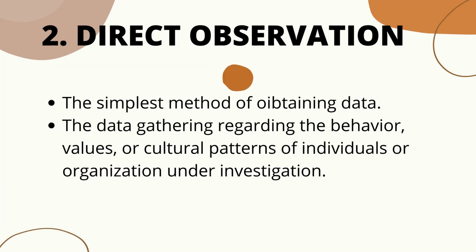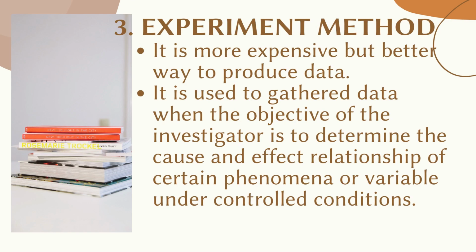Second is direct observation, the simplest method of obtaining data. It is data gathering regarding the behavior, values, or cultural patterns of individuals or organizations under investigation. Third is the experiment method.